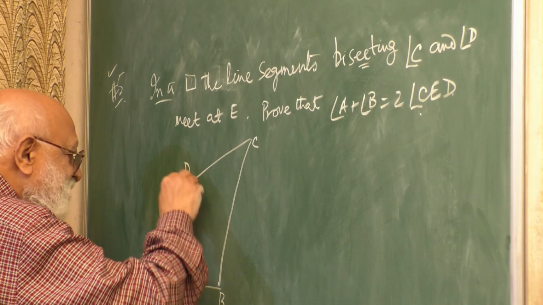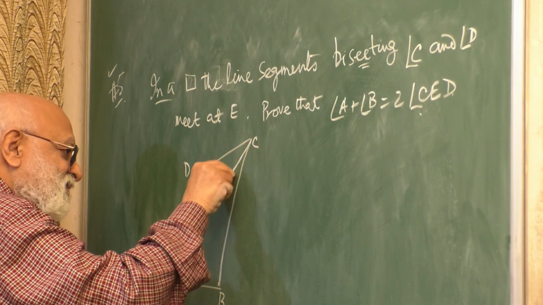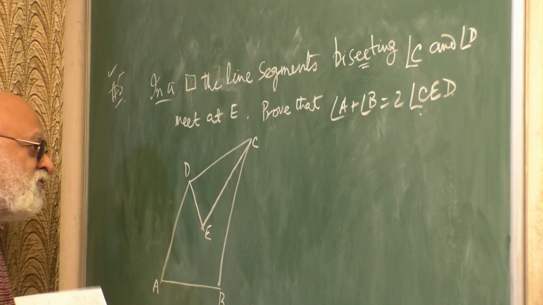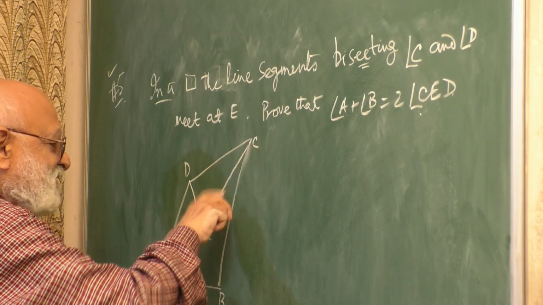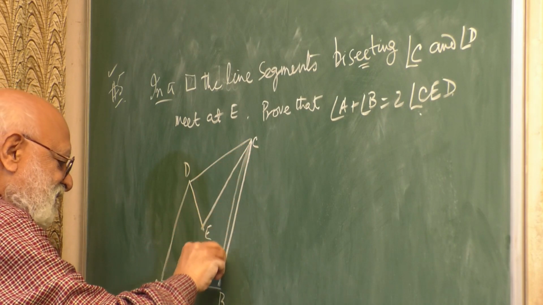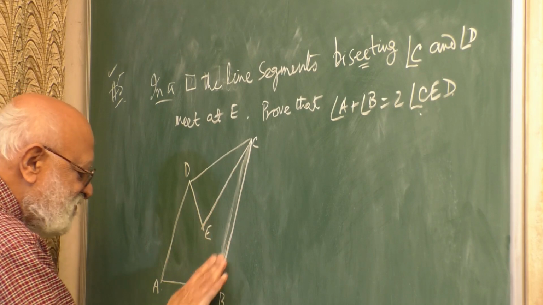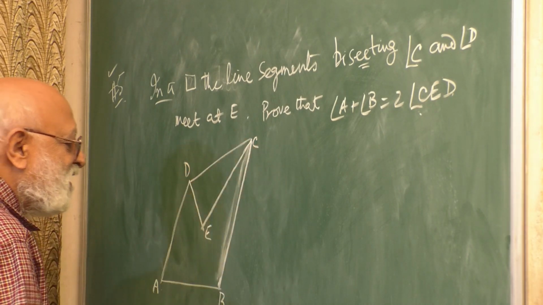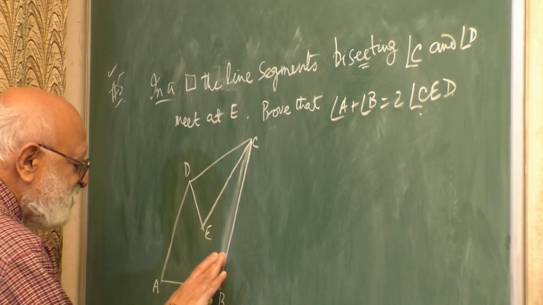The segments that bisect this angle and this angle meet at E. This is not showing that this is bisecting, but let me draw this line a little bit like this. Then it can be easily seen that it is bisecting. Drawing first of all is essential.